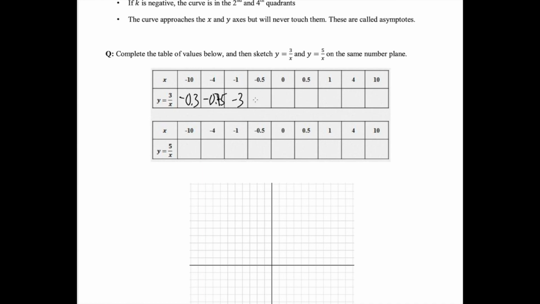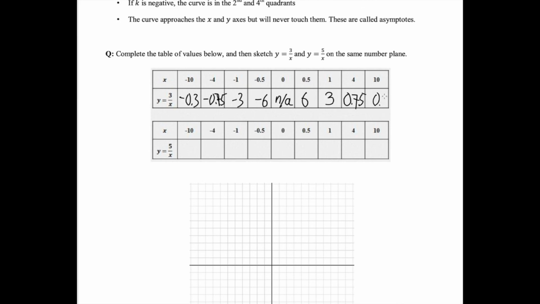This will give you minus 6. This is undefined. Just remember the same values on this side, but positive, so 6, 3, 0.75. And this will be what?